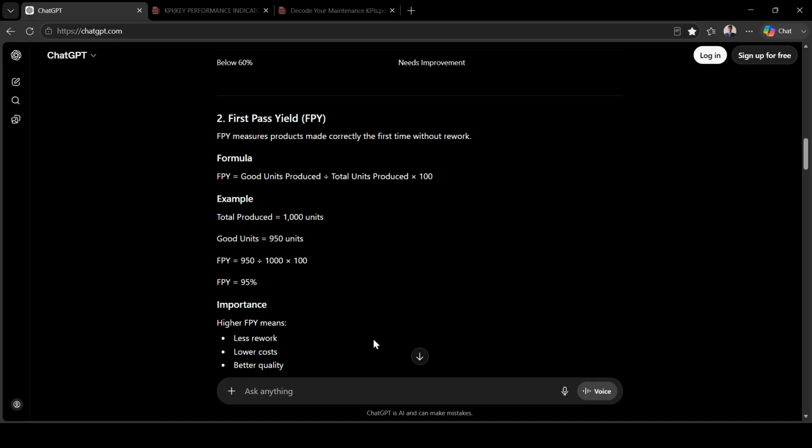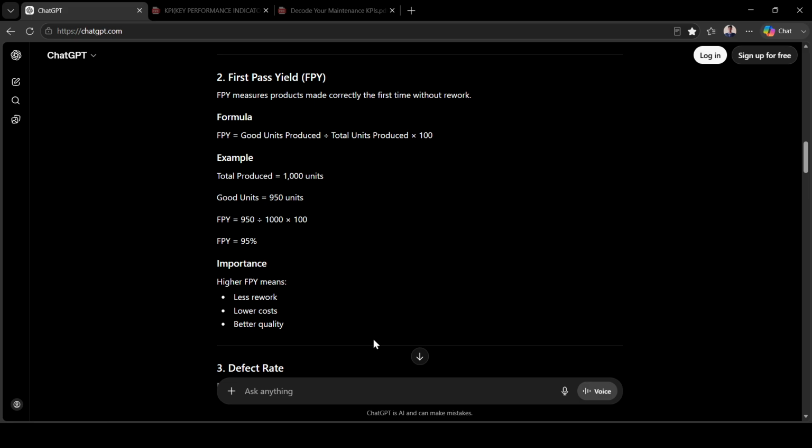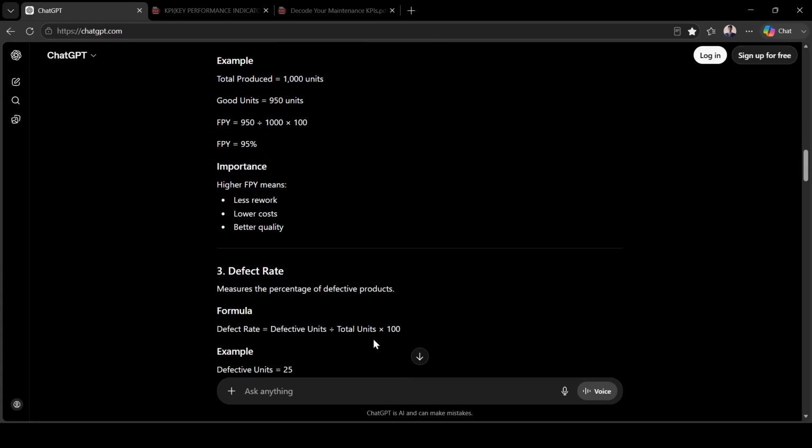Example: total produced equals 1000 units, good units equal 950 units, so FPY equals 950 divided by 1000 times 100, which is 95%. Importance: higher FPY means less rework, lower cost, and better quality.